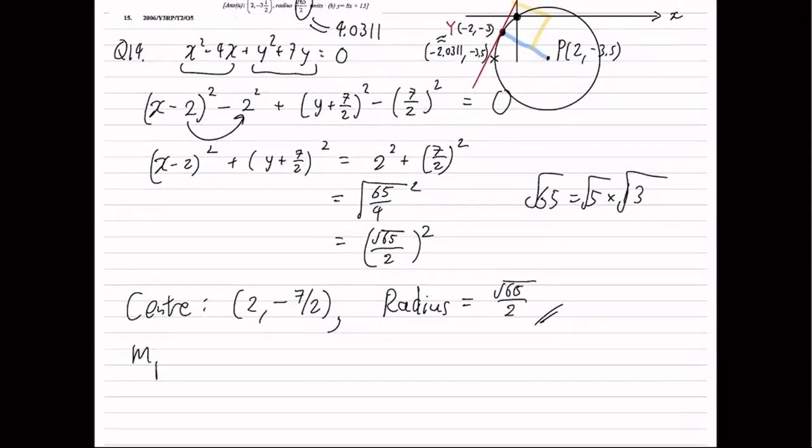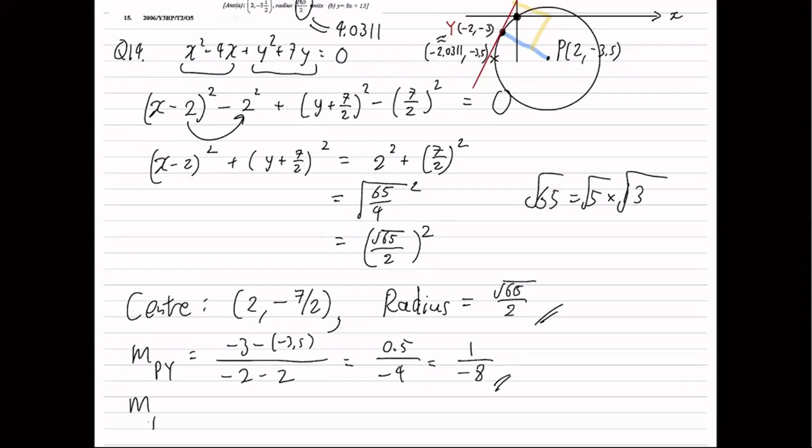So the gradient of the radius PY equals y minus y over x minus x. What is this? 0.5 over -4. This is 1 over -8.